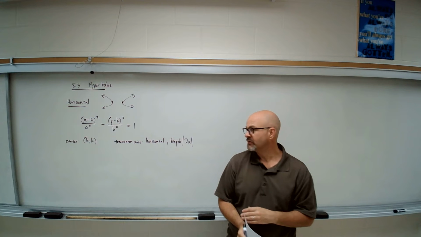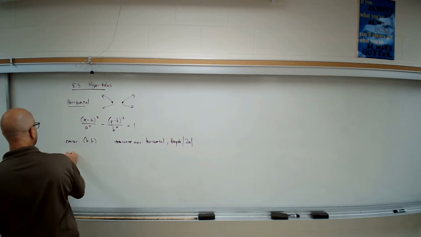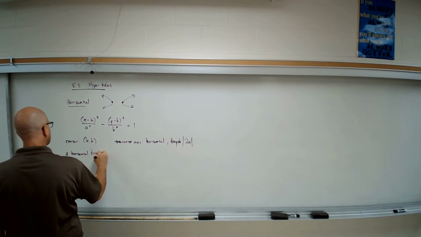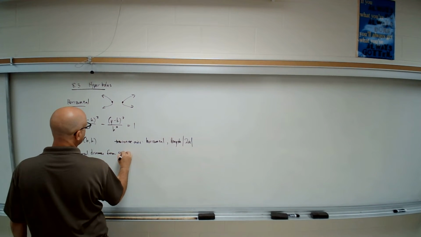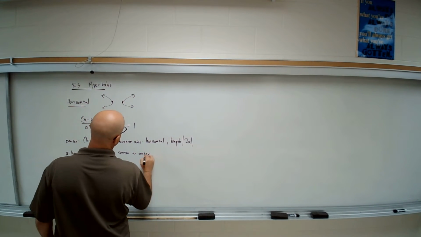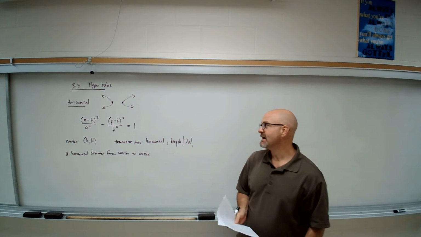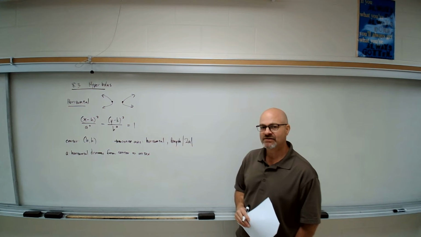The length would be 2 times a. So a is going to be the horizontal distance from the center to each vertex. Okay, just like we saw with ellipses, right? So a squared is going to be the number underneath the (x minus h) squared.